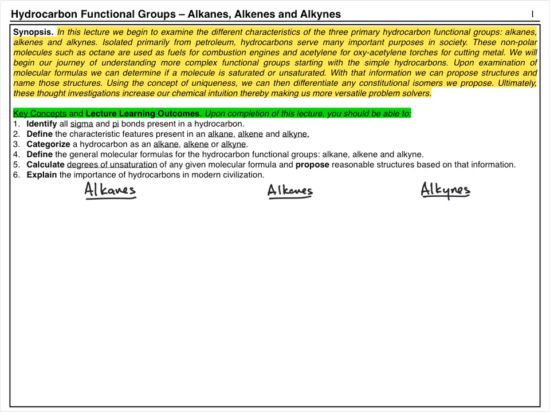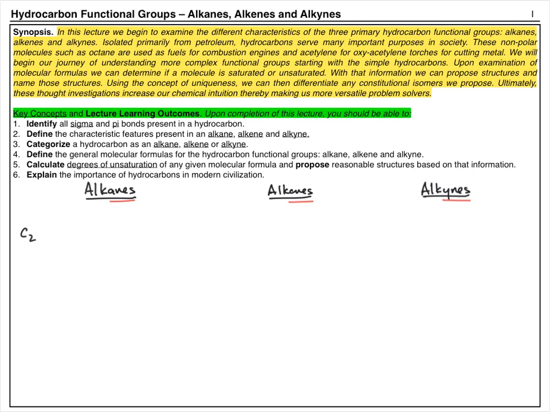Alkanes end in -ane, alkenes end in -ene, and alkynes end in -yne. So even just by the name, we can infer what functional group is present. We're going to start just by looking at C2 hydrocarbons of each of these types.